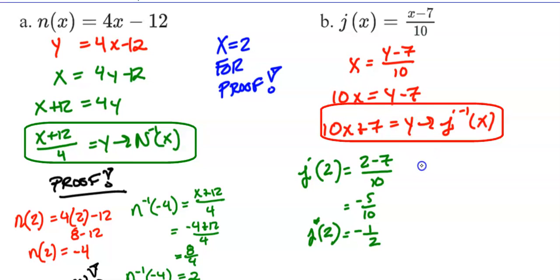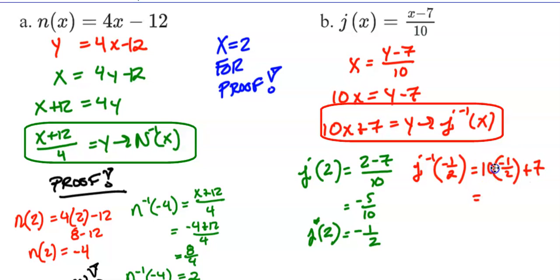And so now if we take j inverse of negative 1/2, that's going to equal 10 times negative 1/2 plus 7.